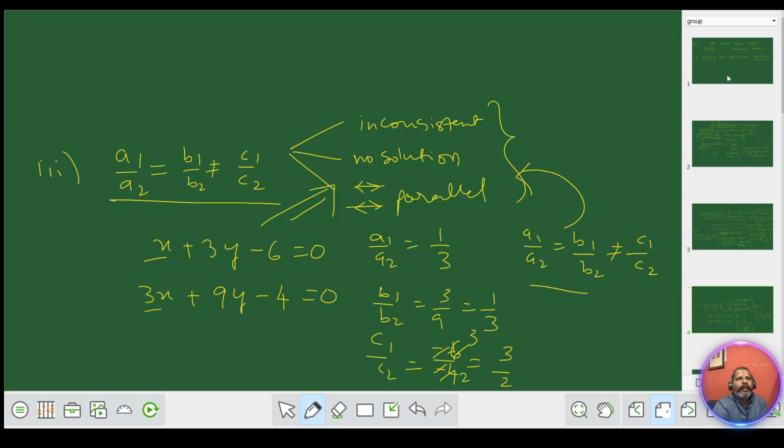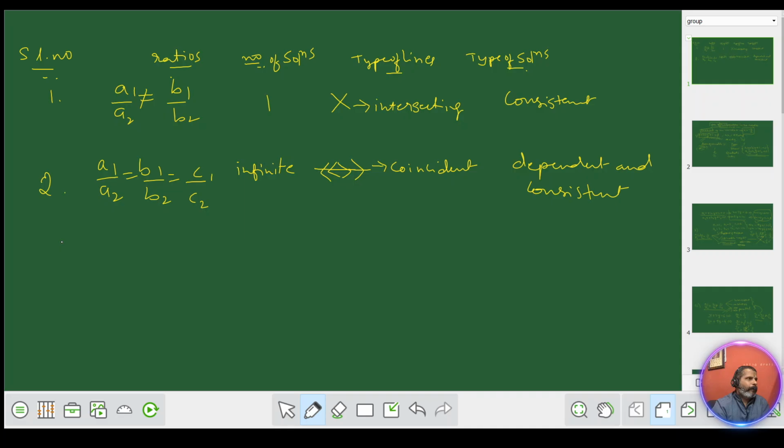Okay, let's form the table. How does each look on the graph? The first one, the lines will intersect like this. In the second one, the lines are coincident, so it will look like this.